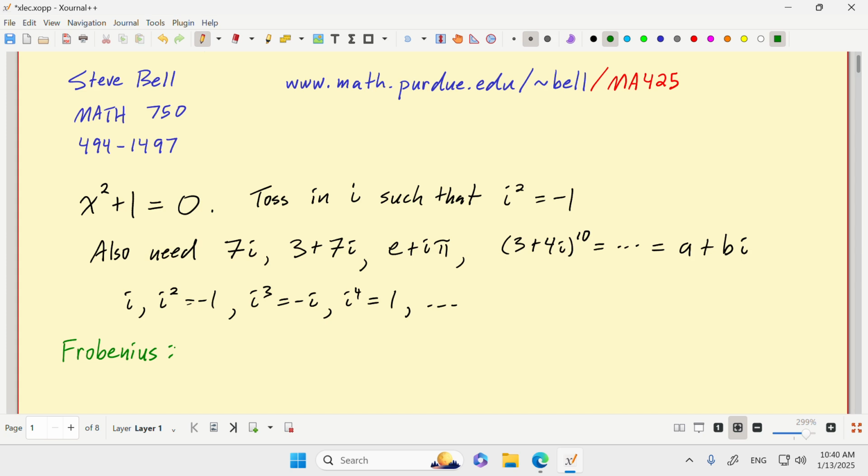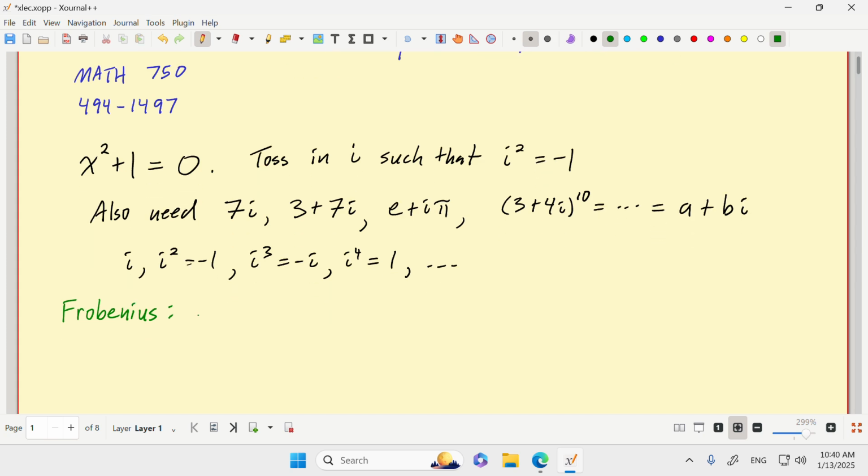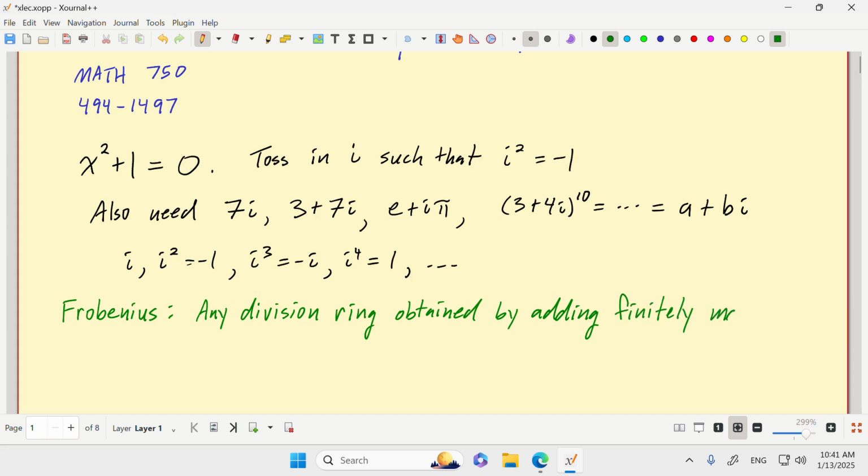So let's see. The famous theorem is: any division ring, that's an algebraic thing, any division ring obtained by adding finitely many things, it's called a finite extension.